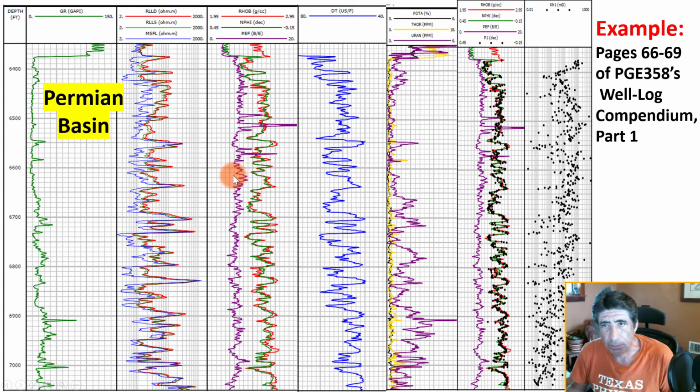And here is a plot of one of the wells across this Sacroc field in the Permian Basin. It is not the well that we have, but it's a very fair and clear representation of the things that we're going to see. That's the gamma ray log, with relatively low values of gamma ray.